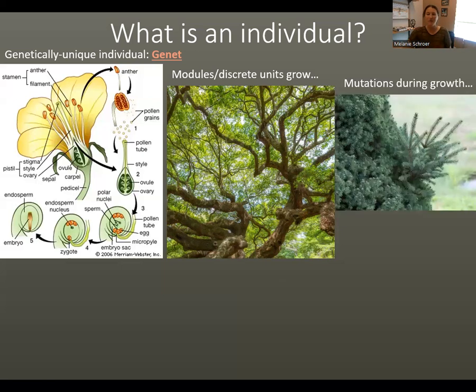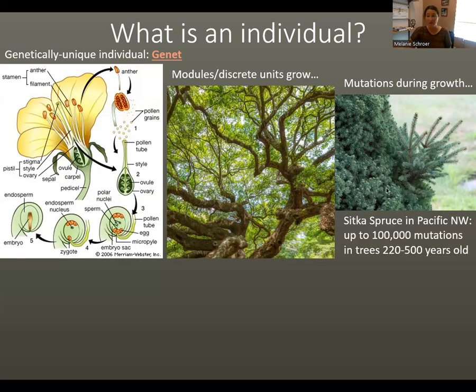But during the process of growth, there are mutations. Now this individual, as it is growing, develops genetic mutations, and this discrete unit, this branch and its associated leaves or needles, is now genetically different from the rest of the tree. So is this a new individual or not? Is it just part of the same organism?